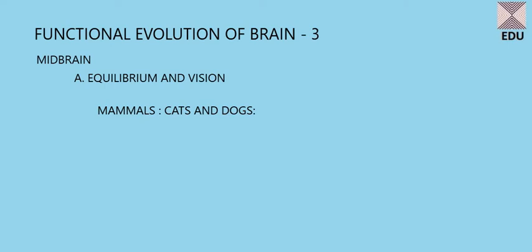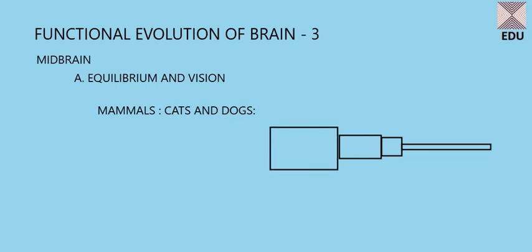The next experiment was done on the mammals. Especially I'm taking the case of the cats and the dogs. Students, suppose we have the spinal cord, then the medulla oblongata, then the midbrain, and then the forebrain or the cerebrum.